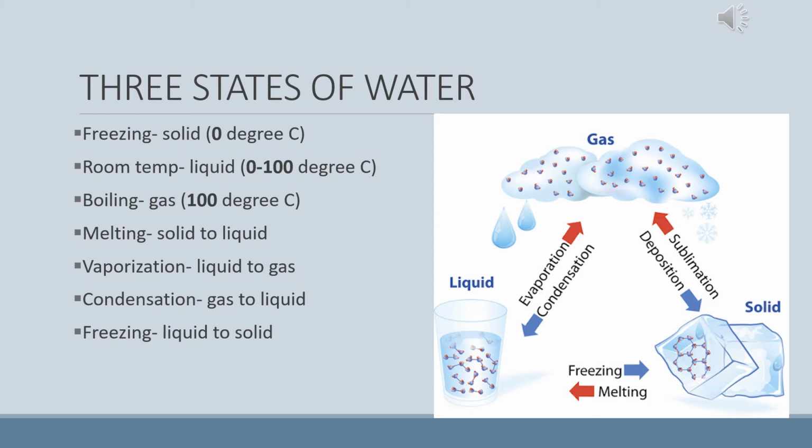And deposition means whenever the gaseous phase, that is the water vapor, is turned into snowflakes and falls, it is called deposition. So we need to pay attention to the four processes, which are melting, vaporization or evaporation, condensation and freezing, and what changes of state take place in these processes.